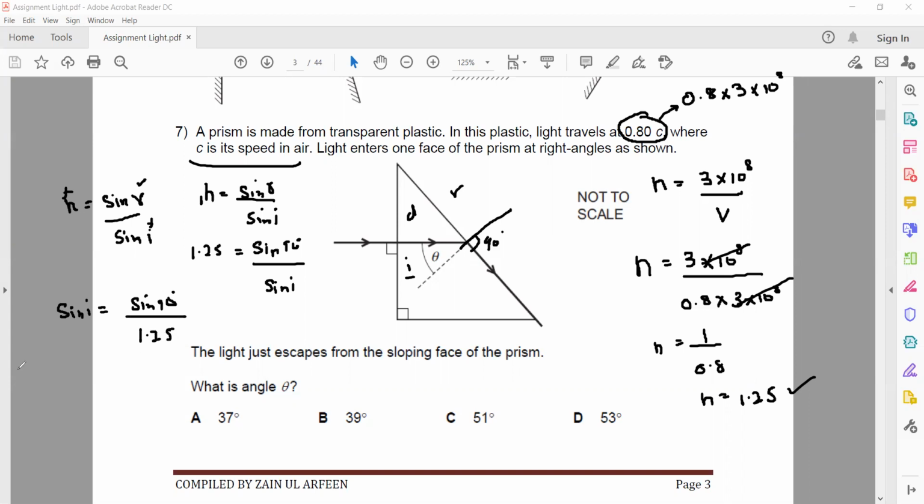When I divide sine 90 by 1.25, I get sine I equal to 0.8. But we need I. When we need the angle only, we move the sine to the other side. So the angle is equal to sine inverse 0.8. And when you take sine inverse of 0.8 on your calculator, you will find it comes out to 53. Is it clear?